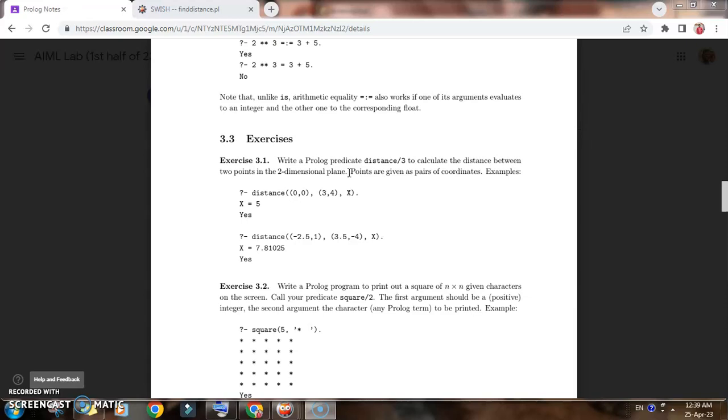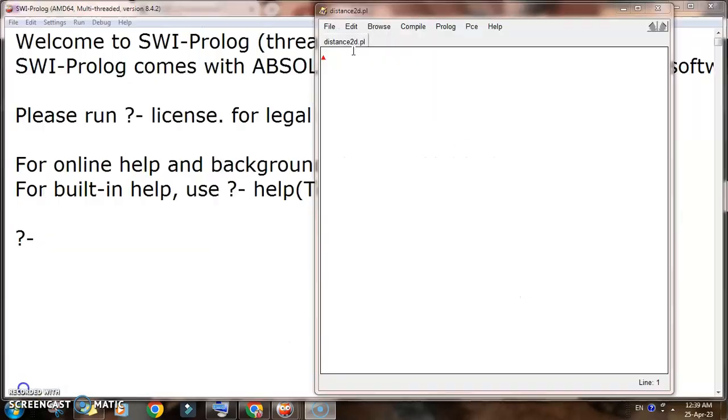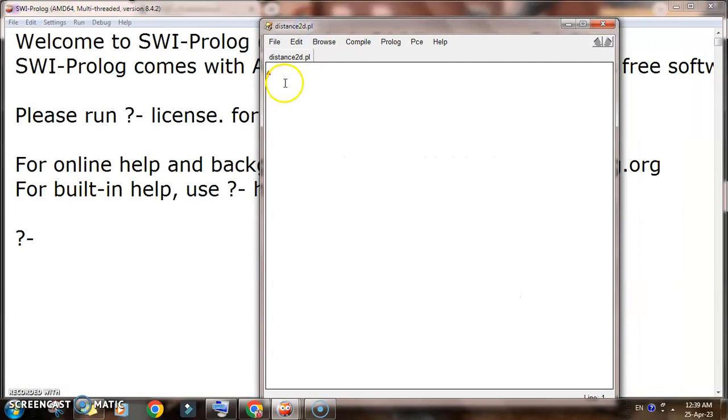So I will go to the Prolog editor now. I have created this new file, and in this PL file, the Prolog file, I am going to write the predicate. So the predicate name will be distance, suppose, and I am taking x1 and y1 from the user.